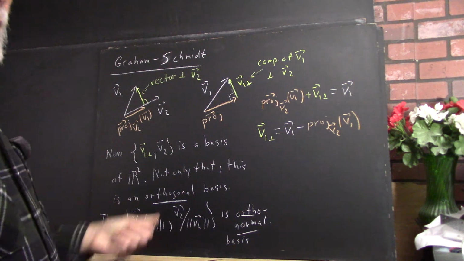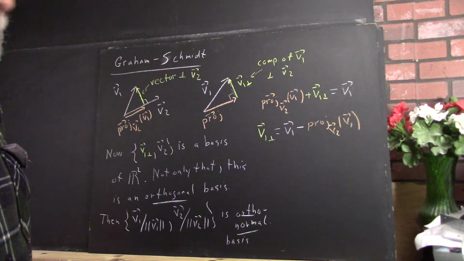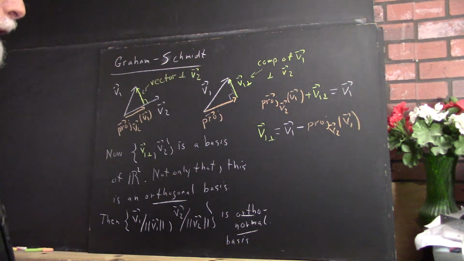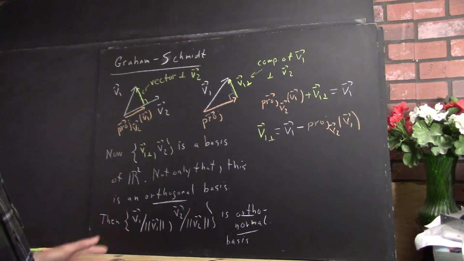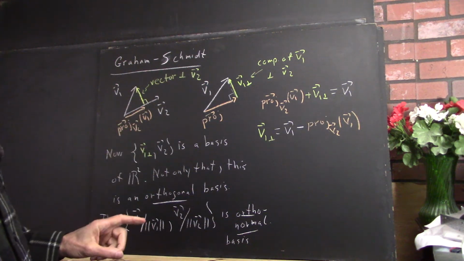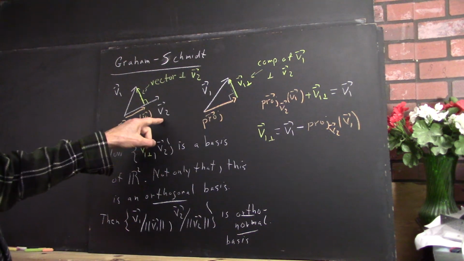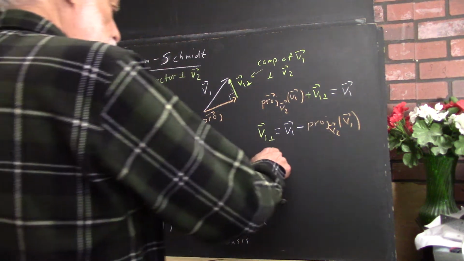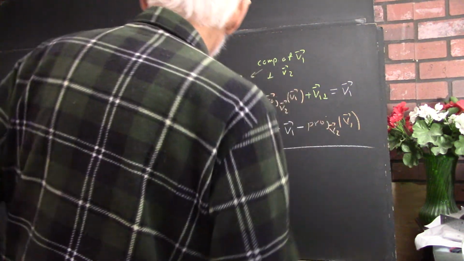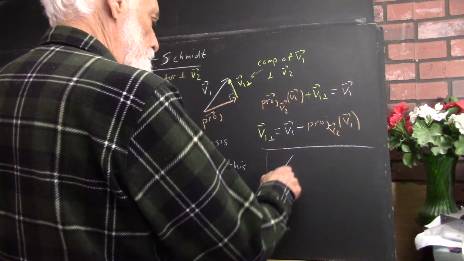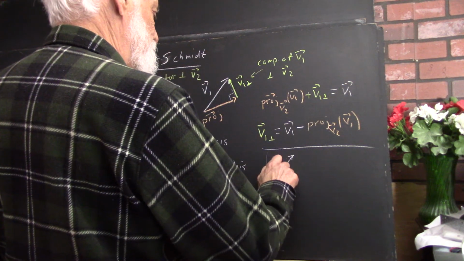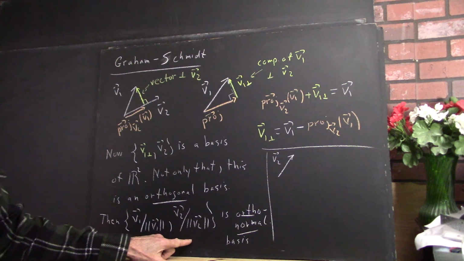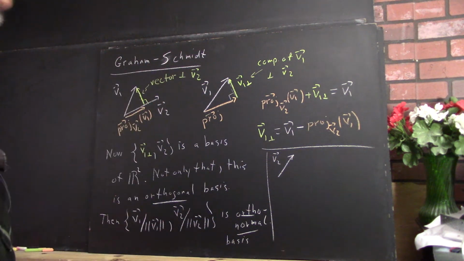Okay? Now, there's one modification to the process I gave you for finding the orthonormal basis. If we know we're looking for an orthonormal basis, even if we aren't, it really helps if we first normalize v2. So what we would want to do is, and I'm just going to picture it, just makes a calculation a little simpler, and you know we're going to have to normalize v2 anyhow, divide it by its magnitude, make it into a unit vector.